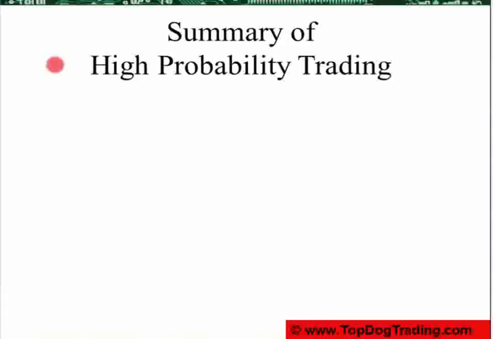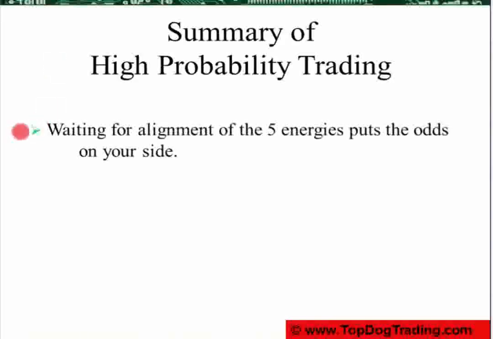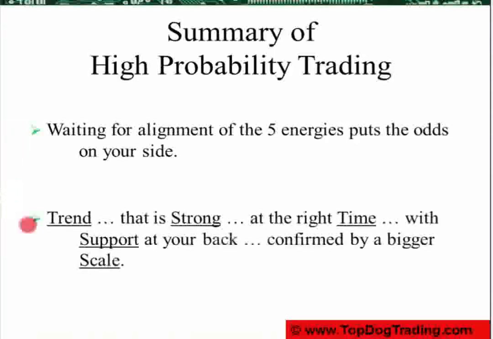All right, let's summarize here. We're just about done. All we're doing is waiting for the alignment of those 5 energies to put the odds on your side. I was invited to speak to one of the largest trading clubs in the country, and I won't mention who it was, but the leader of the trading club took me out to dinner, and his club, along with some of his other top people, were creating a trading methodology of their own.